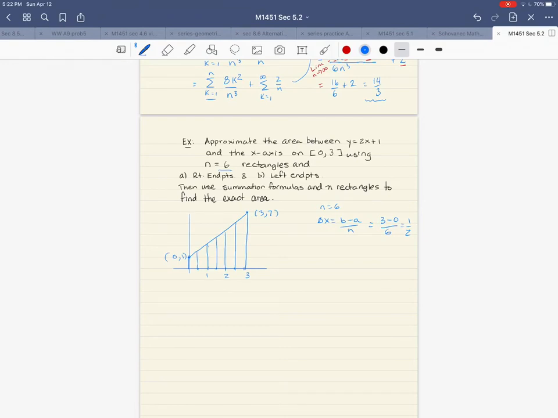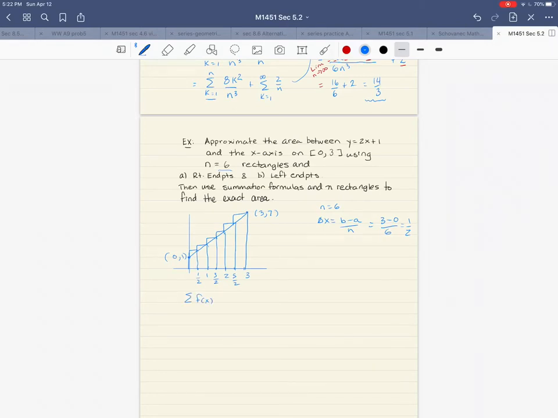And in part A, we want to use right endpoints, so they'll look like this. My first right endpoint is a half, then 1, then 3 halves, then 2, then 5 halves, then 3. And delta x is a half.